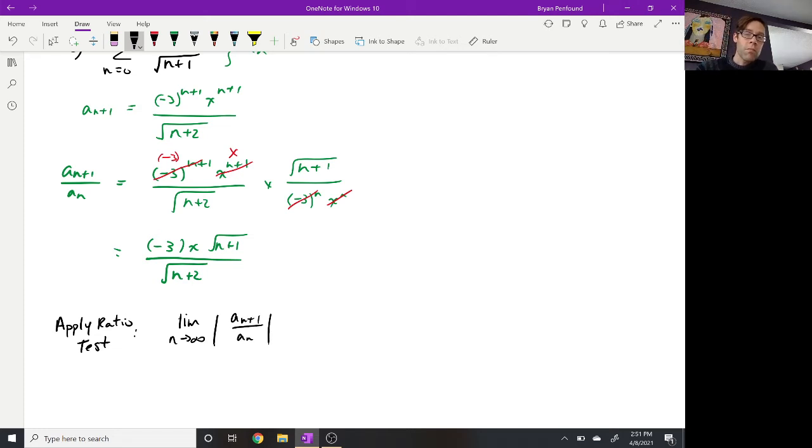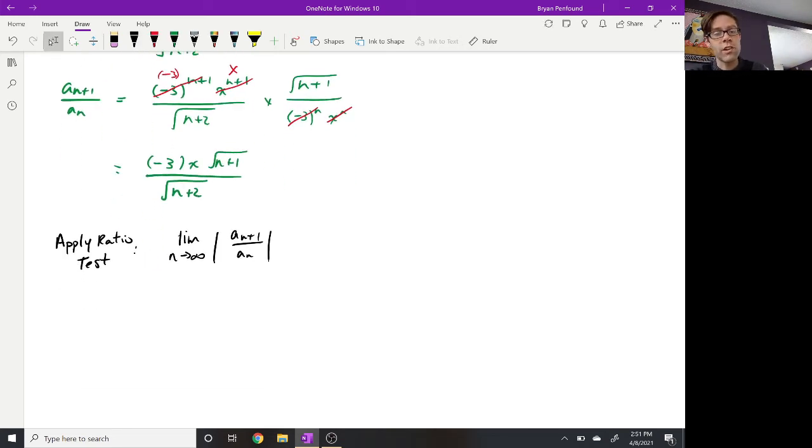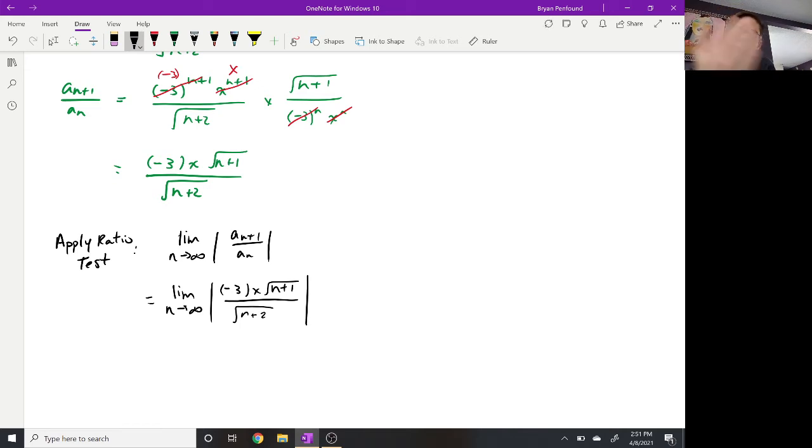Okay, so now that we've simplified that, let's try to apply the ratio test and see where this limit goes. Alrighty, so first step is trying to figure out what's going to be positive, what's going to be negative, and trying to distribute these absolute value bars appropriately.